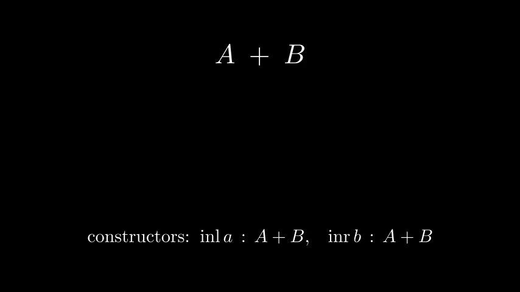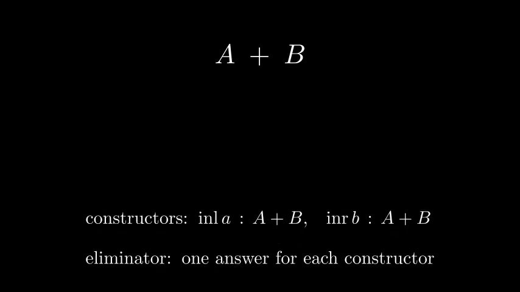The coproduct, more often called the sum type, holds a value that is either an A or a B, tagged with which side it came from. This time there are two constructors. inl wraps an A, inr wraps a B. And the eliminator changes shape too.